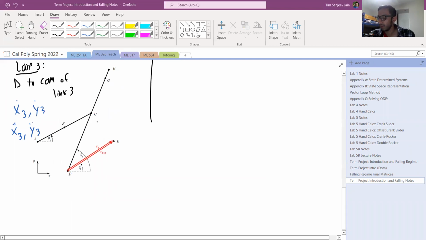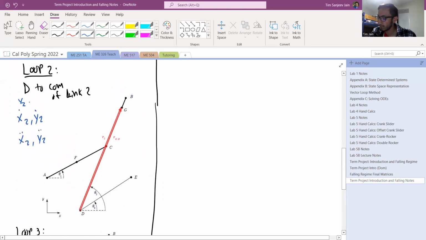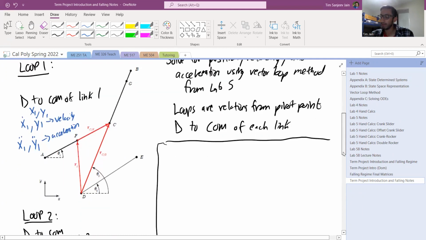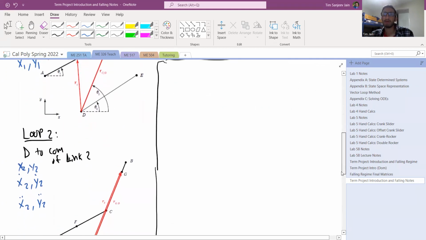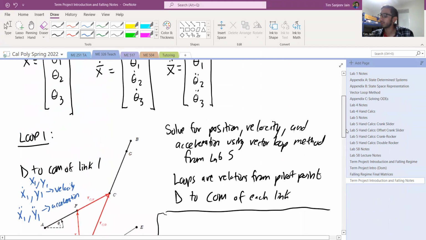And you would have the x3, y3, x2, y2, x1, y1. Those are on the left hand side, but we have to combine all 6 of those unknowns with our state vectors.